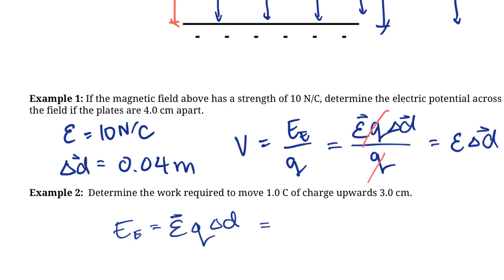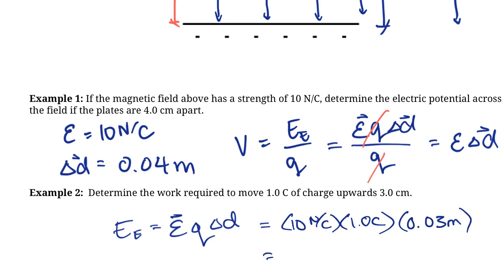What was the field strength again? 10 newtons per coulomb. So 10 newtons per coulomb, the charge is 1 coulomb, and the delta D, the amount we're moving it up by, is 3 centimeters, which is 0.03 meters.